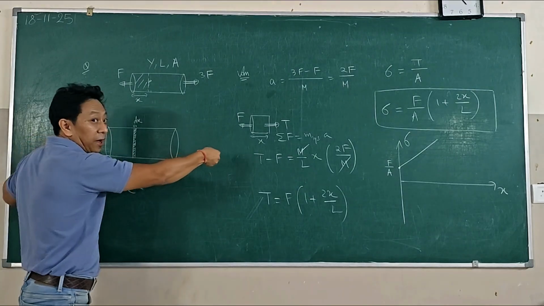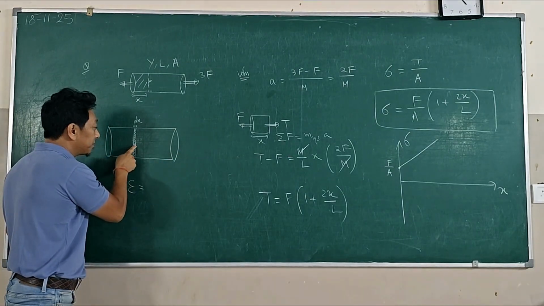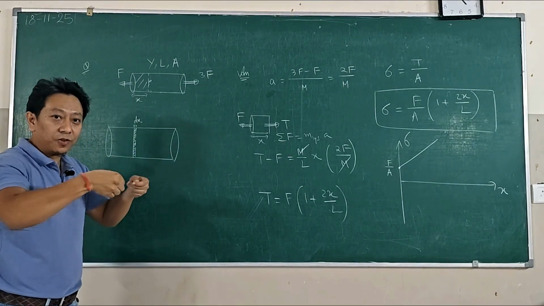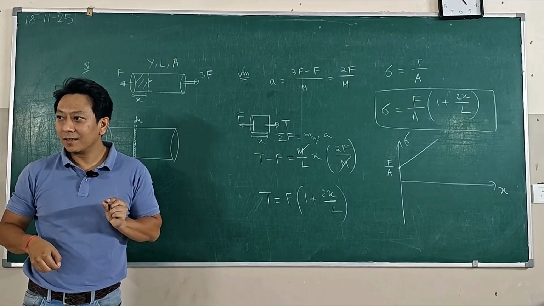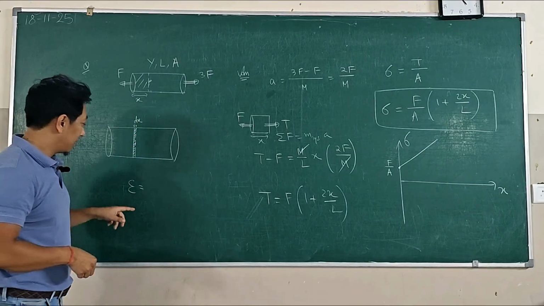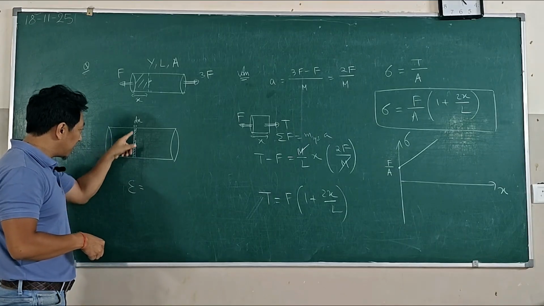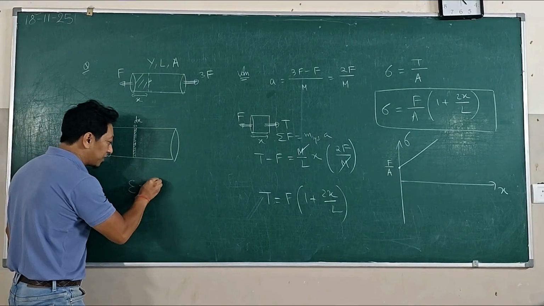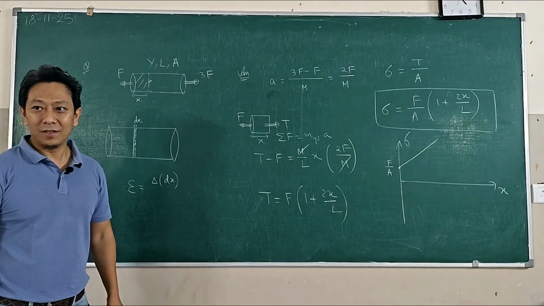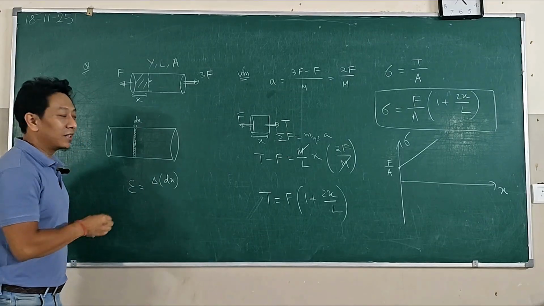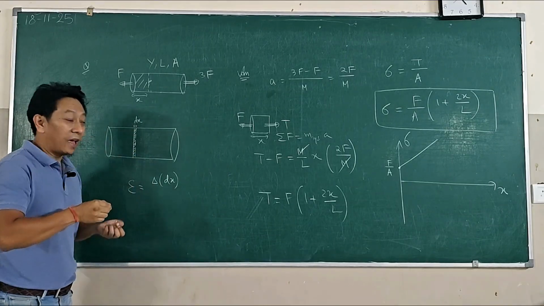When forces are applied, tension will act. Because of the tension forces, this piece will slightly increase in length. What will be the change in the length of this small piece? Let us write it as delta dx, because I don't have any other good symbols. So delta dx represents the change in the length of this dx at this point.